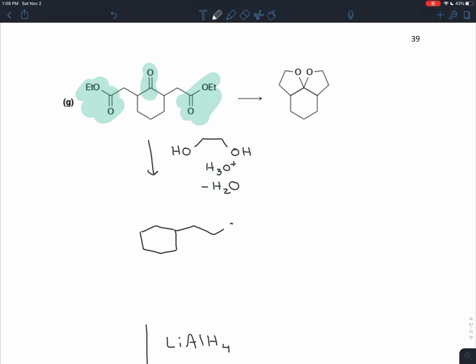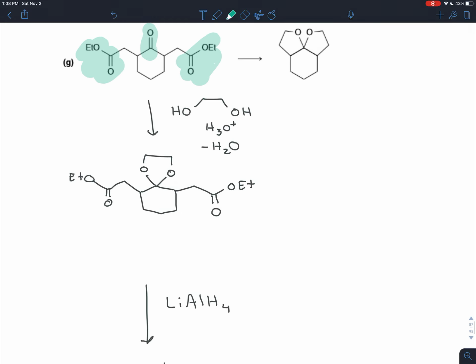Now that won't do anything to the esters. Esters do not react with alcohols to form acetals. What it will do is turn the ketone into an acetal, or these two carbons here. Now, this is protected.